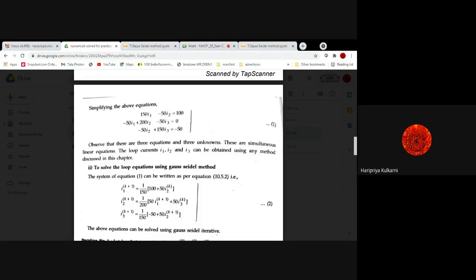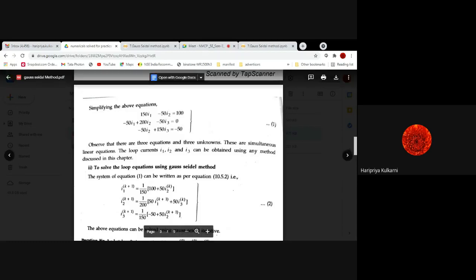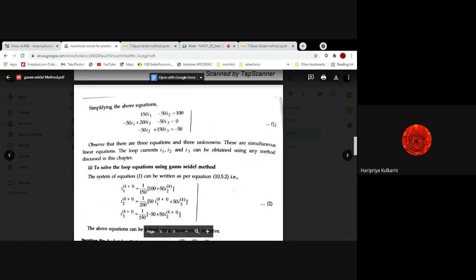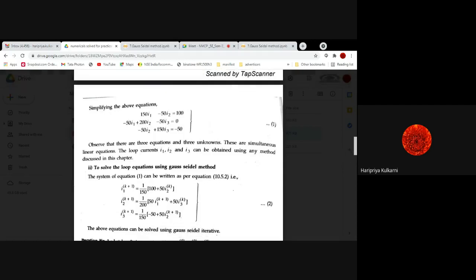So I1 equals 1 upon 150 times the bracket of 100 plus 50 I2, since the coefficient goes to this side and minus 50 becomes plus 50. I2 equals 1 upon 200 times 50 I1 plus 50 I3. And I3 equals 1 upon 150 times minus 50 plus 50 I2. So these three equations we have.